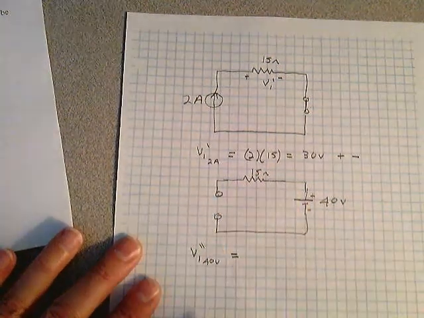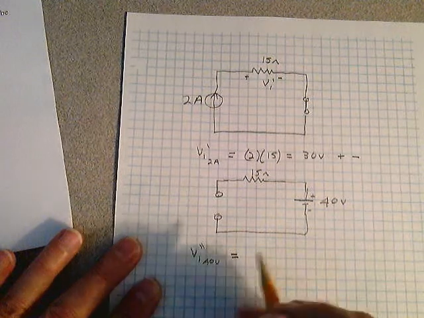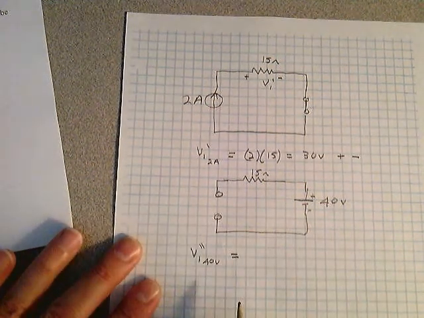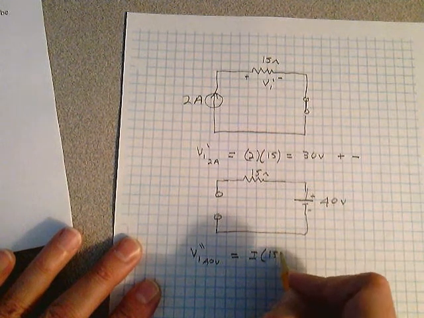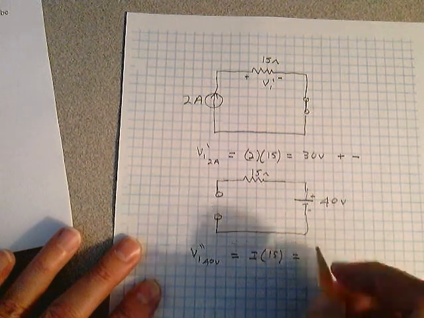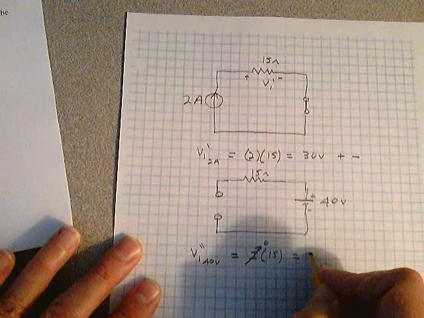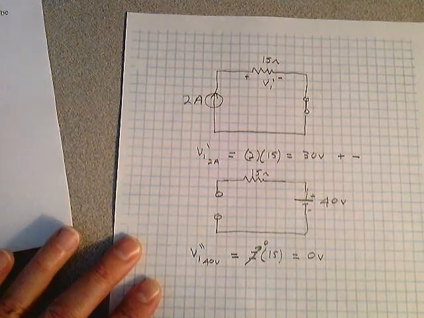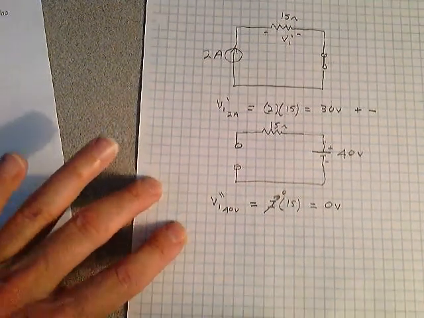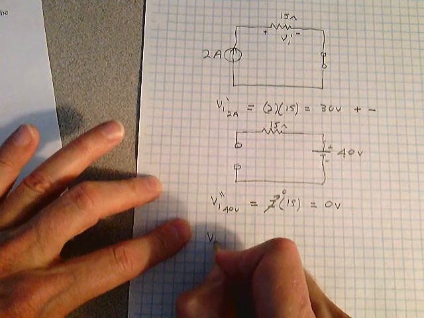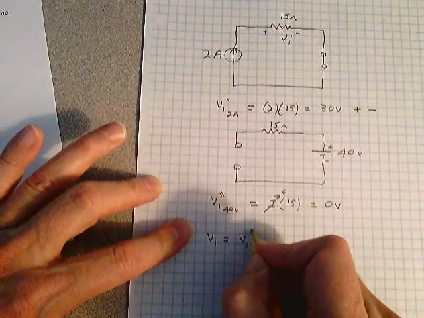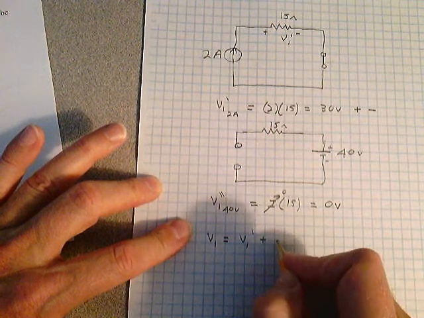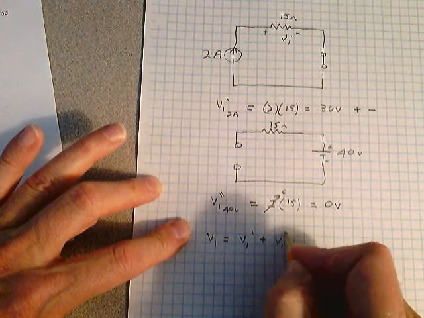No current can flow in that circuit. If no current flows in that circuit, the voltage across that is I, the current, times 15 ohms, which is equal to 0 volts. Now your final answer for V1 has to be equal to your V1 prime plus your V1 double prime.